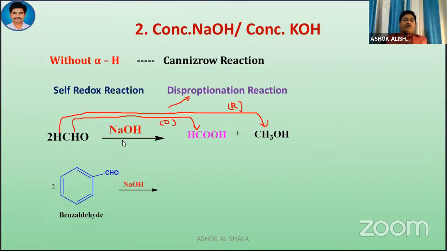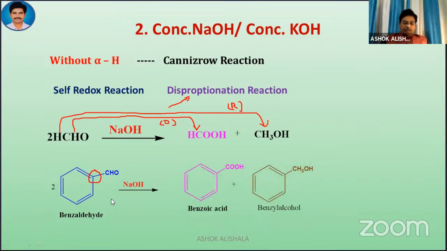Now let us take benzaldehyde. It also has no alpha hydrogen because this is the aldehyde group, and here this carbon is the alpha carbon, but it has no hydrogen. That's why when treated with this, it undergoes the Cannizzaro reaction. This is benzoic acid.